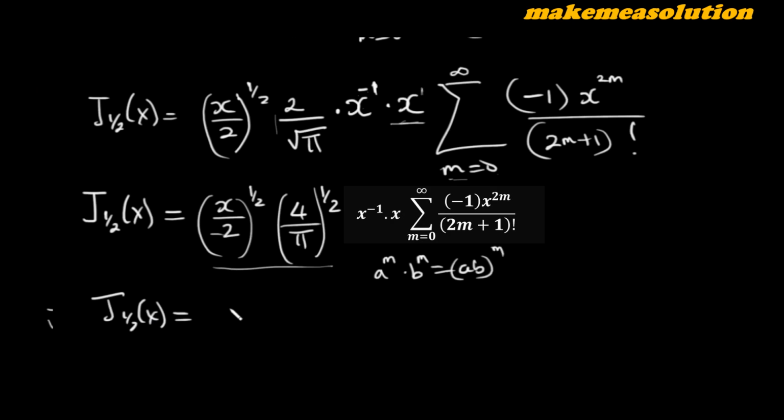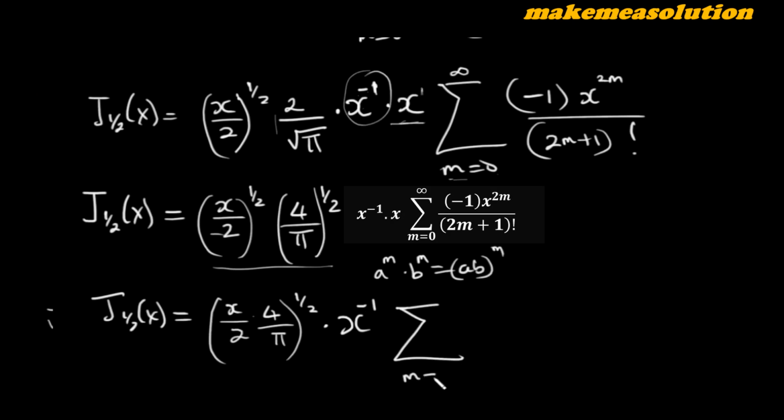So this is x over 2, then 4 over pi all raised to the power of 1 over 2. And I'll save one x, that's this particular one, while I'll send the other one into the summation. Minus 1, and you now have x^(2m) times x. So this x has now been translated into this place. You now have 2m plus 1 factorial.